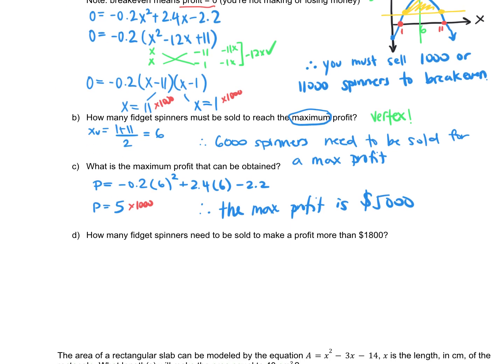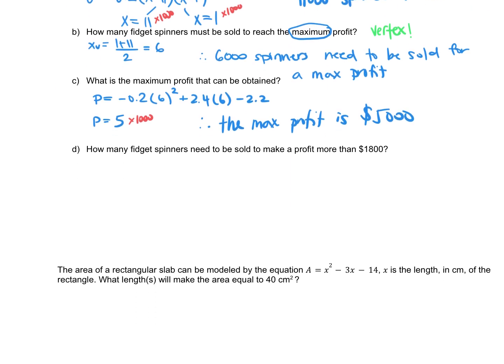Now, we are given a value for the profit, so I will be replacing P with a number, but it won't be 1,800 because P is the profit in thousands. So I'm going to divide this number by 1,000 to get 1.8 because 1,800 represents 1.8 in the equation. So we're going to have 1.8 equals, and I'm going to go into my standard form. I can't use my factored form anymore.